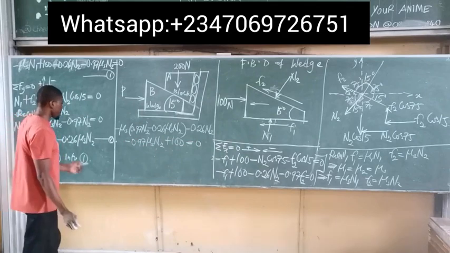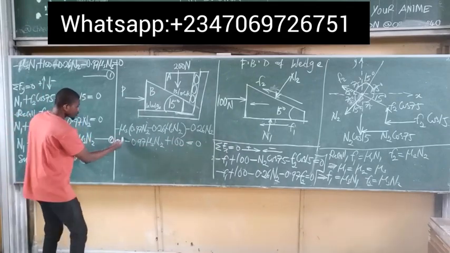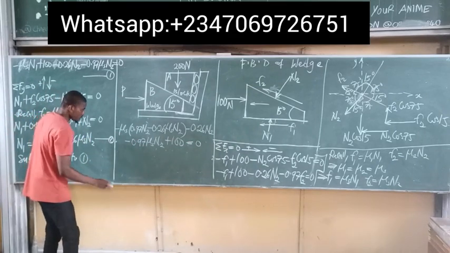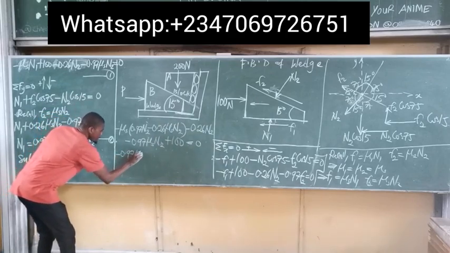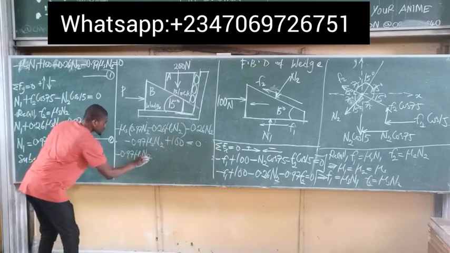So we may wish now to expand the bracket. Minus mu x multiplied by 0.97 will give us minus 0.97 mu x n2.